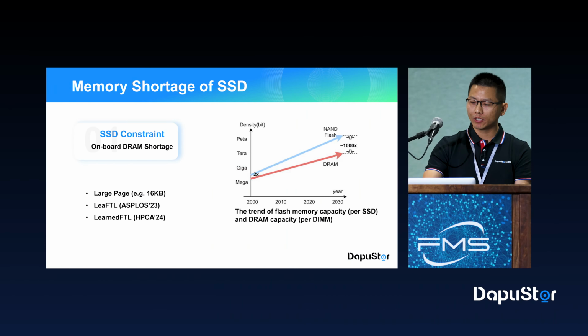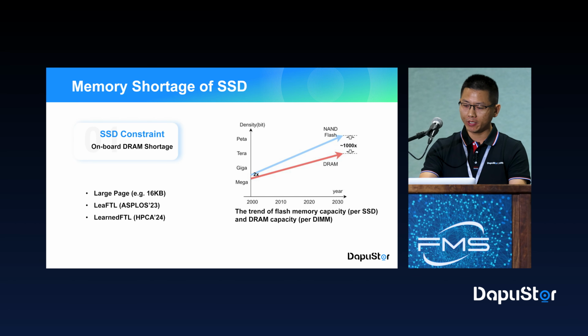For SSDs, the NAND flash capacity grows much faster than the corresponding DRAM. Even for today's 64 terabyte SSDs, they have to adopt a 16 KB mapping granularity, simply because there's not enough DRAM to store the L2P table.